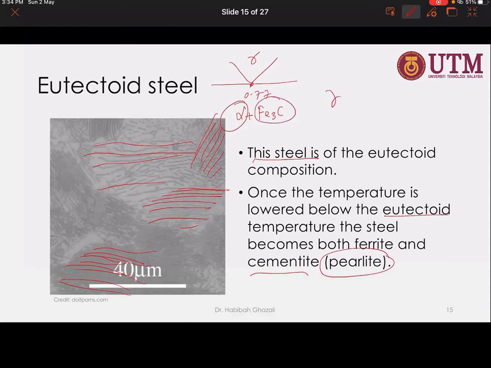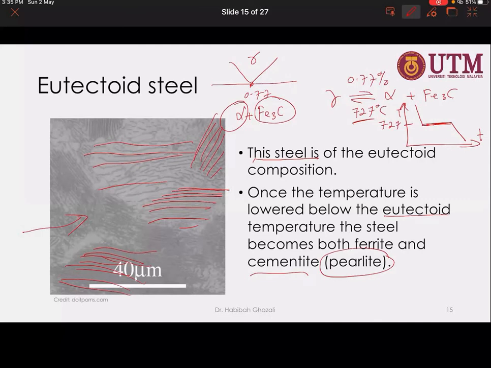So the reaction is gamma produces alpha plus cementite at composition 0.77% and a temperature of 727 degrees Celsius. So only one temperature. So the cooling curve for this eutectoid alloy is like this, 727, temperature versus time. The cooling curve is similar to the pure metal.